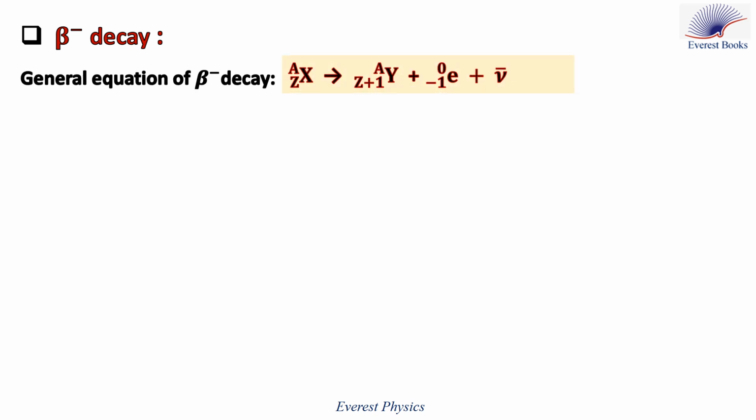Beta minus decay. This type of decay usually occurs with parent nuclei rich in neutrons. The general equation for beta minus decay: X(A,Z) decays into Y(A,Z+1) plus an electron plus a particle called an antineutrino.